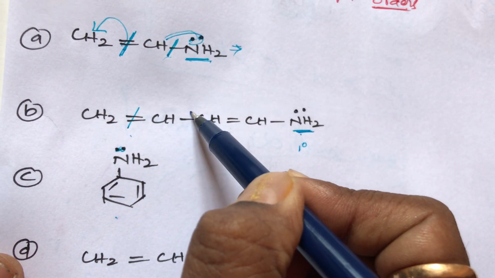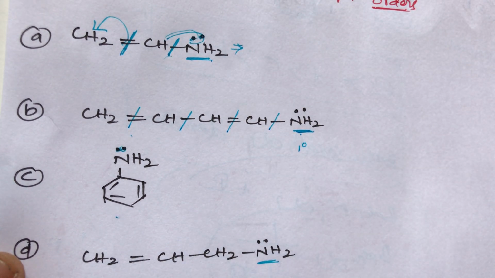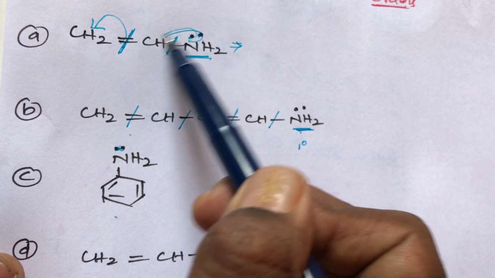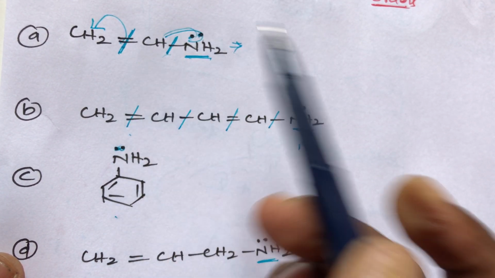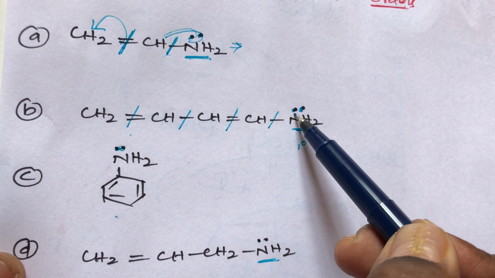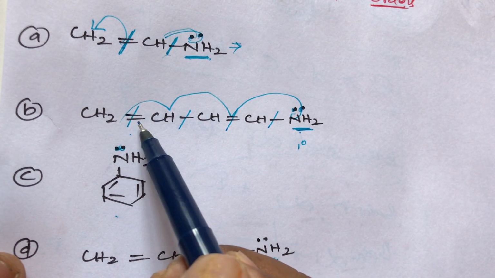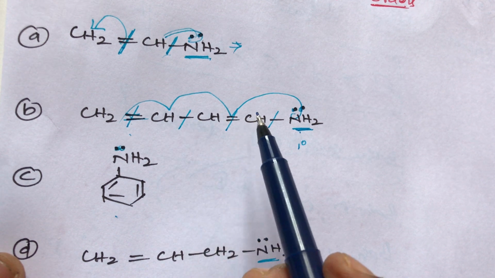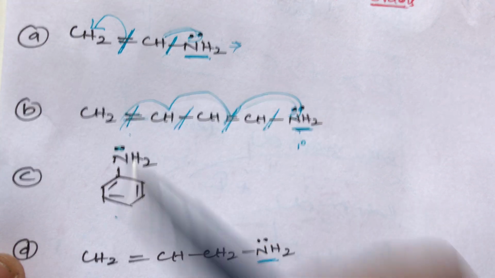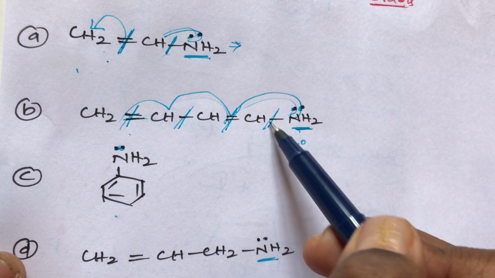Here there is a double bond, then single bond, then double bond, then single bond, so conjugation is there too. But in the first compound the lone pair is involved in only one step. Here the nitrogen's lone pair participates two times, because the second compound has two double bonds, double bond, single bond, double bond, single bond. Here there are two times conjugation. The first compound has only one time conjugation, the second compound has two.